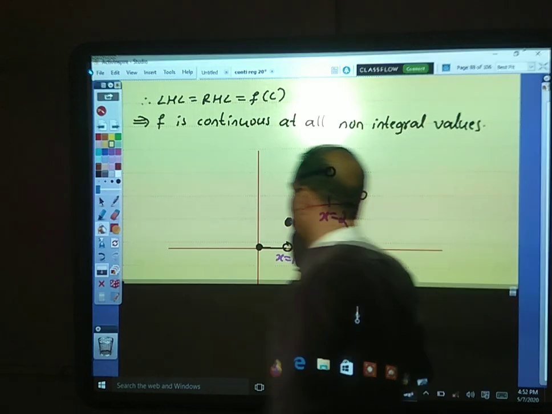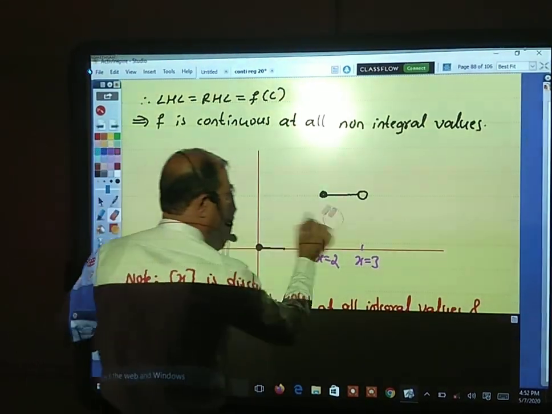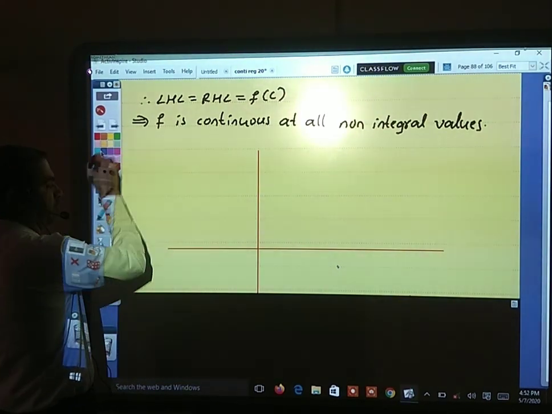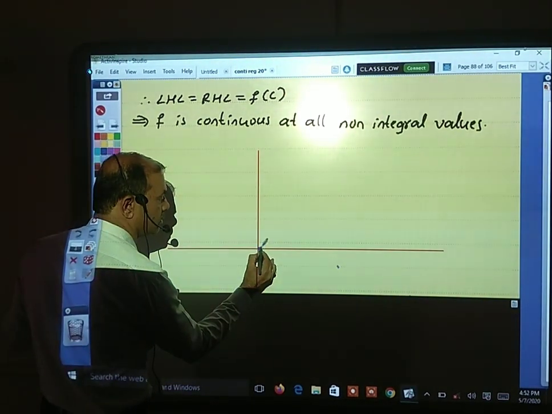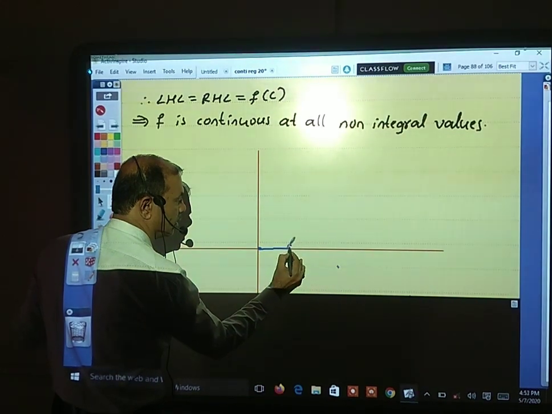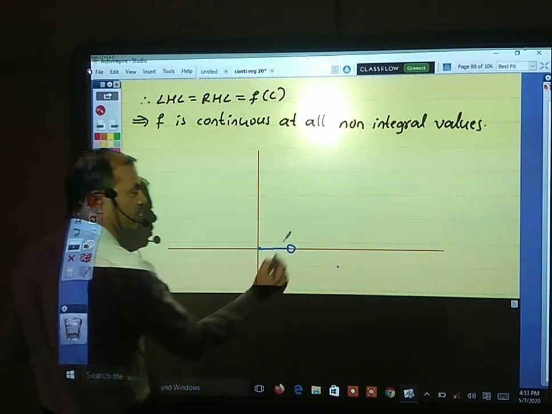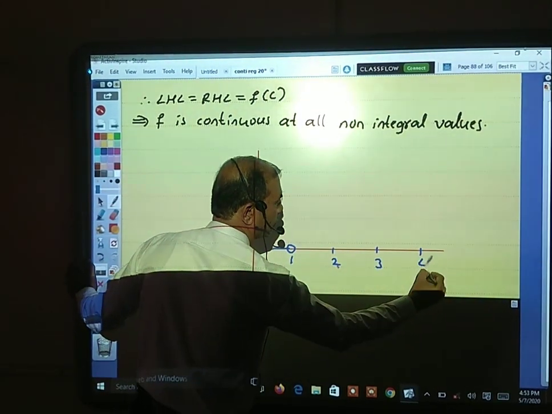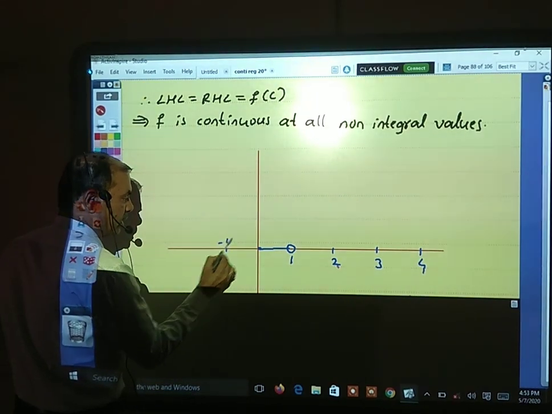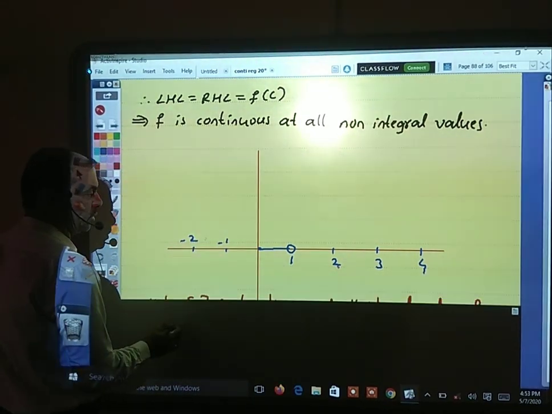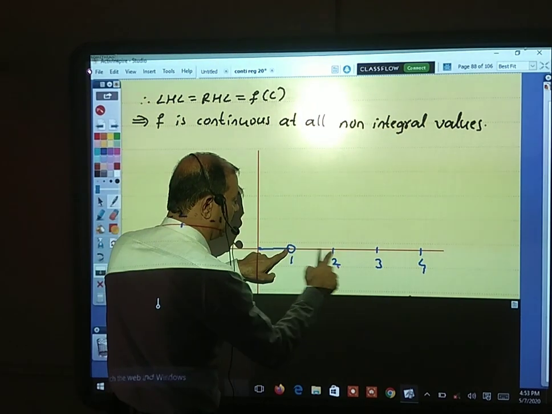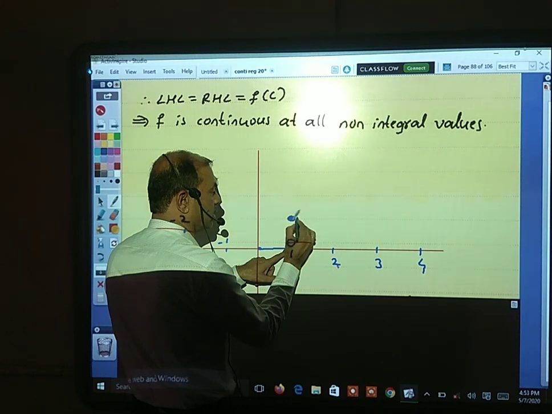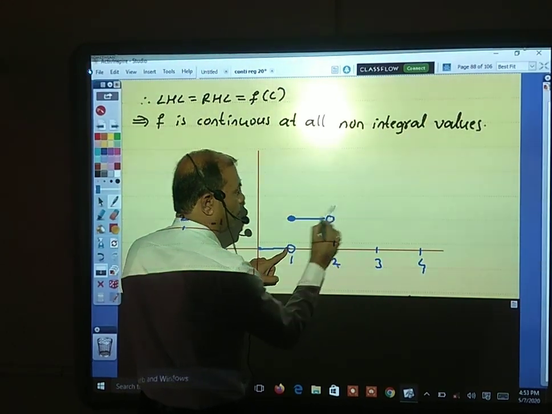Okay, you know the graph of the greatest integer function. The graph goes like this. Between 0 and 1, here it is open. Then this is the point 1, 2, 3, 4 on this side, then minus 1, minus 2. Between 1 and 2, closed circle, at 2 open circle.